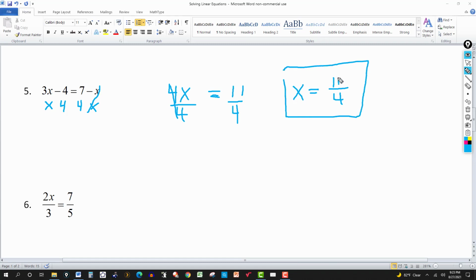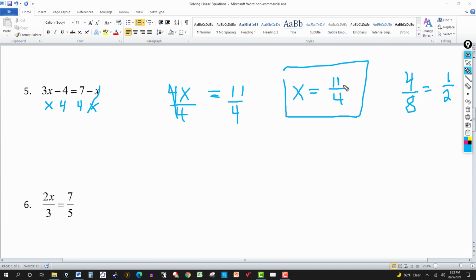Now, if you get an answer to be a fraction, just make sure it's reduced. Like if you have something like, say your answer comes out to 4 over 8. Normally, your teacher's going to want it to be in simplified form. So 4 over 8, you reduce it to divide by 4, and 4 here, you get 1/2. Now this one right here doesn't have any factors, but it is an improper fraction.